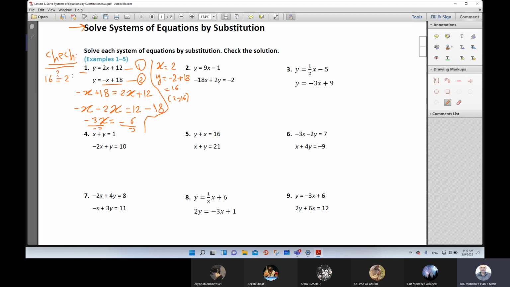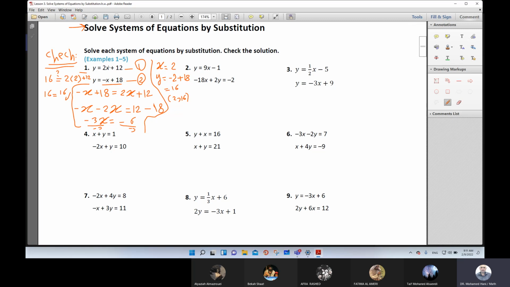What is the value of x? As you see here, 2, plus 12. Is 16 equal to 2 times 2 plus 12? So on the first side, rewrite 16. Is it equal to 2 times 2, which is 4? 4 plus 12 will be 16. Yes. So we have a true equation, which means we have a true solution for the first equation.